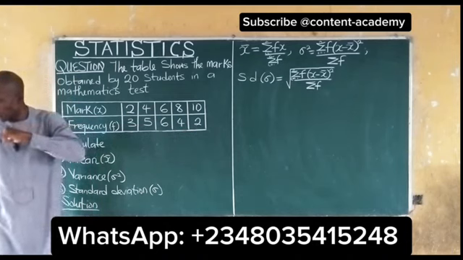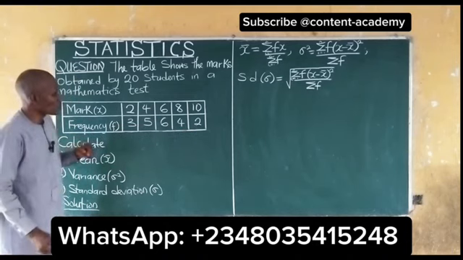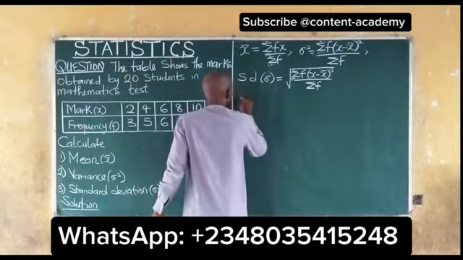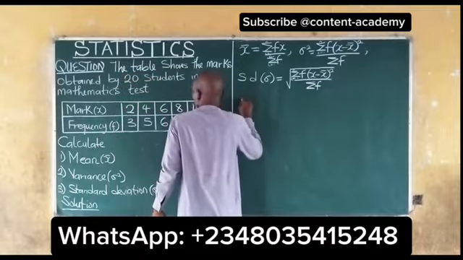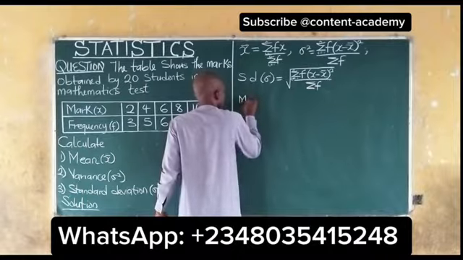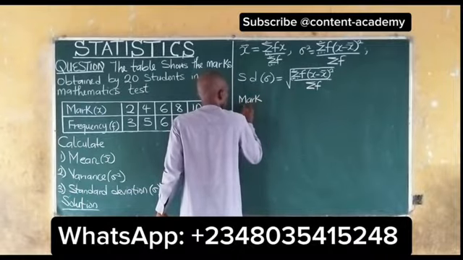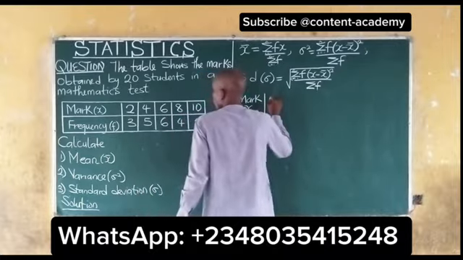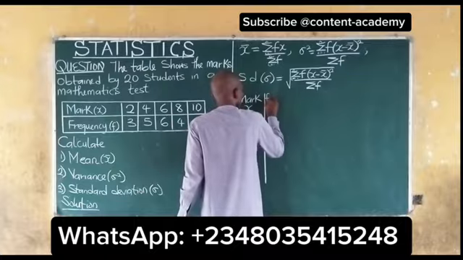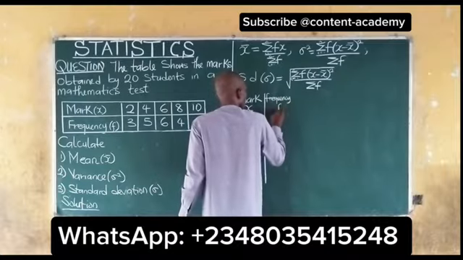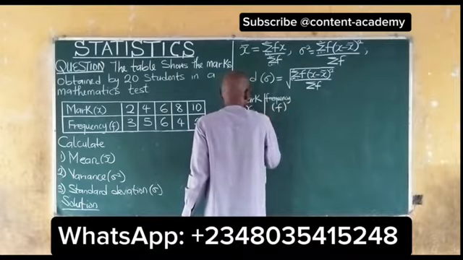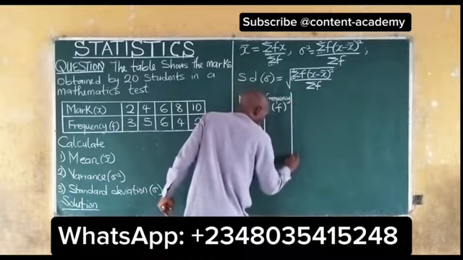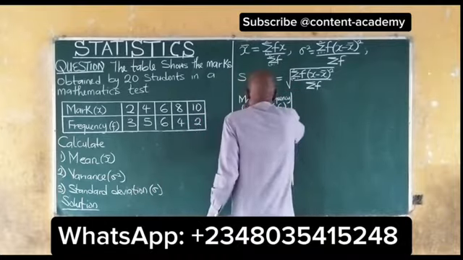Now, the first thing for us to do is to map out our table. So we write the table. We map out the mark, which is x, and the frequency, which is f.